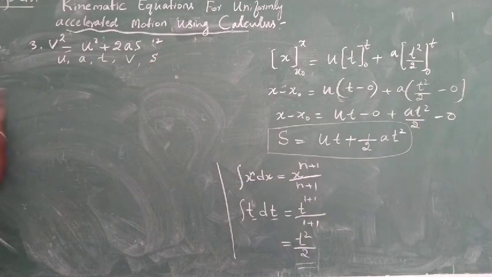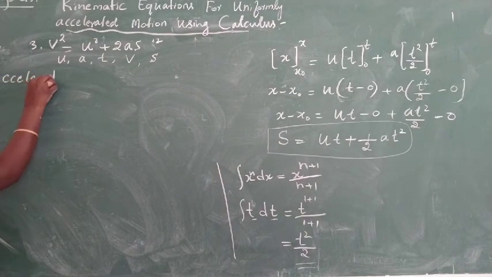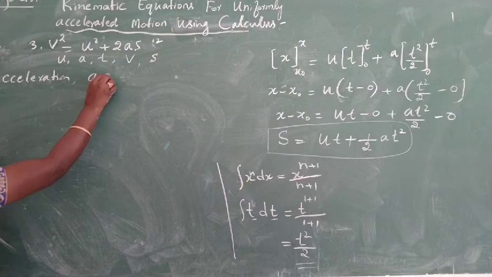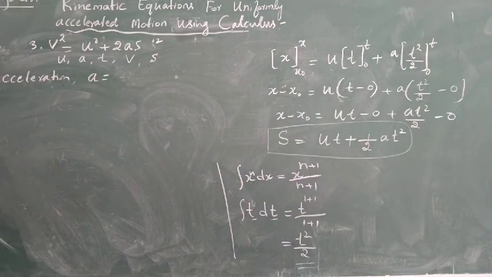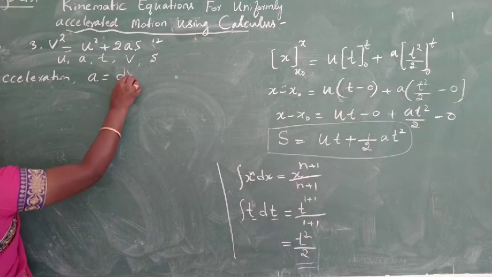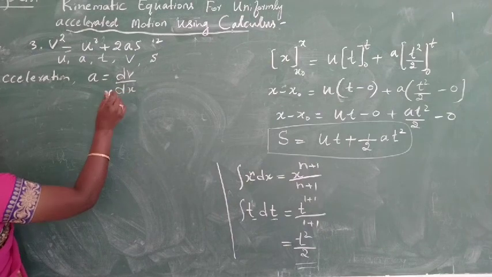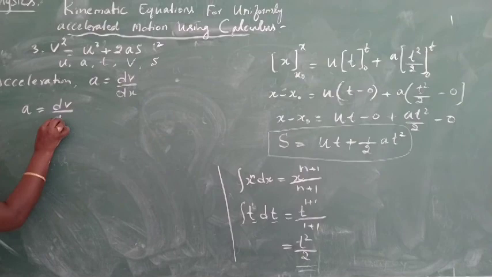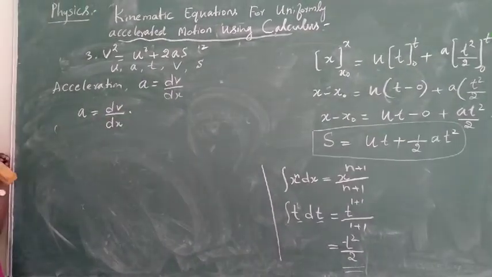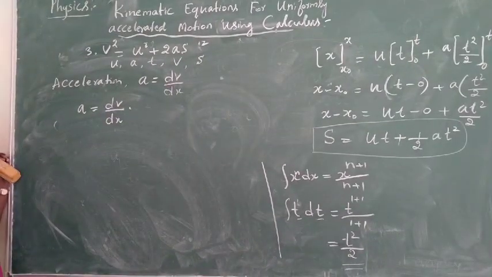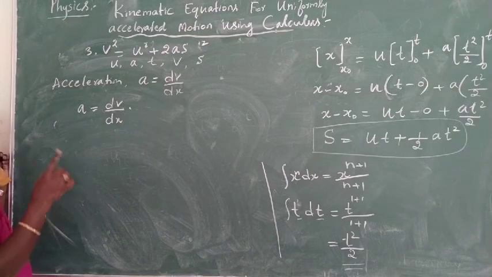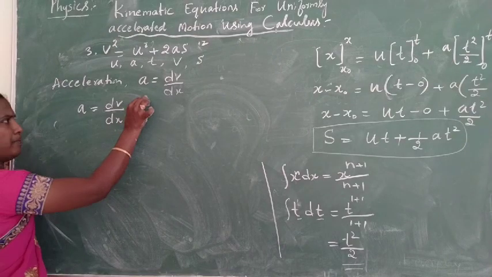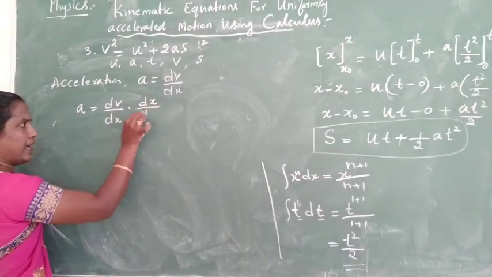So let us consider, we know the definition of acceleration: a is equal to the rate of change of velocity, that means dv by dx. So to this equation a is equal to dv by dx, let us multiply and divide by dx, that means dx by dx.